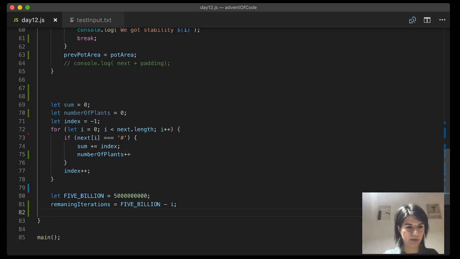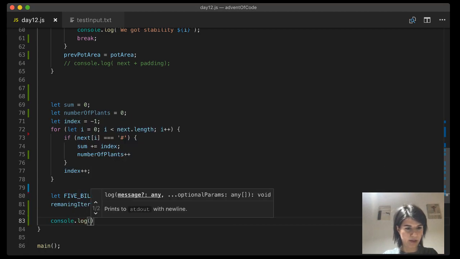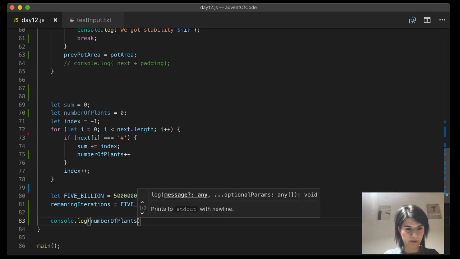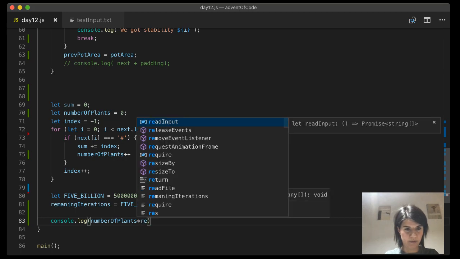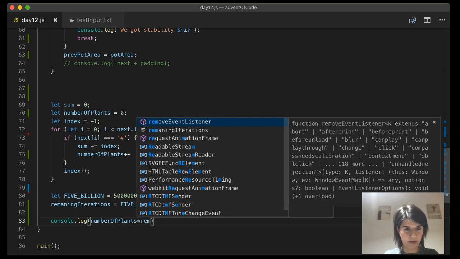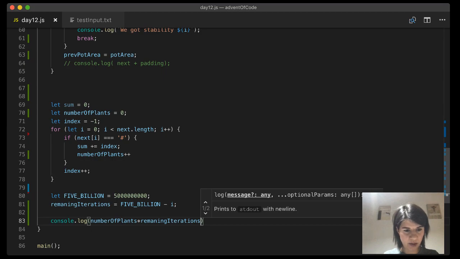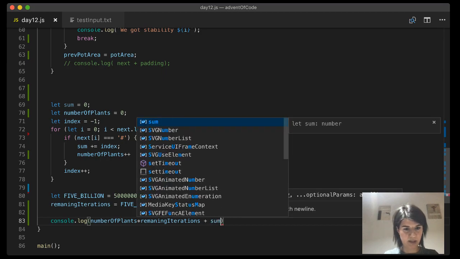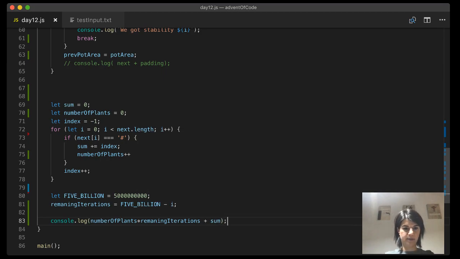So now console.log, we have number of plants multiplied by the remaining iterations plus the sum that we already had. Does that sound right?